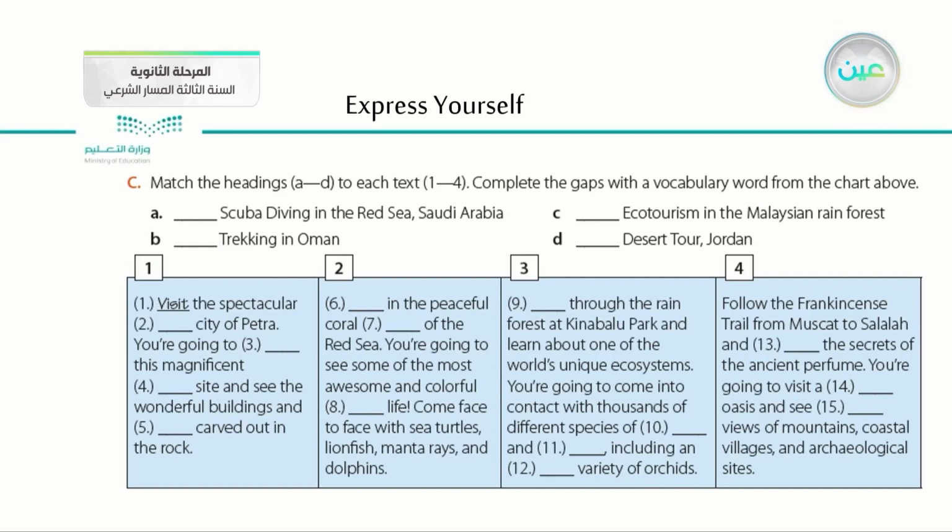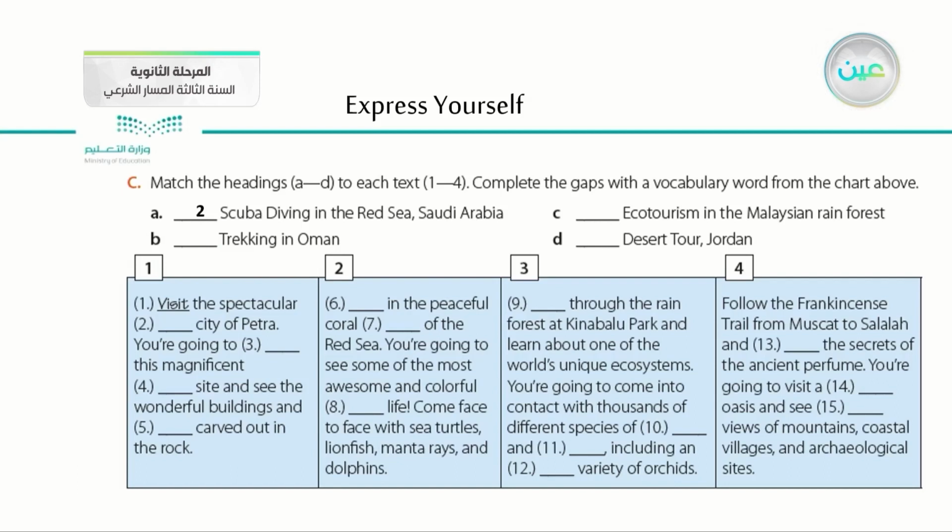Match the headings A to D to each text 1-4. Complete the gaps with a vocabulary word from the chart above. Of course, here we have charts 1, 2, 3, 4, and as you see here, we'll link them with the sentences or statements here. Let's see together, guys.